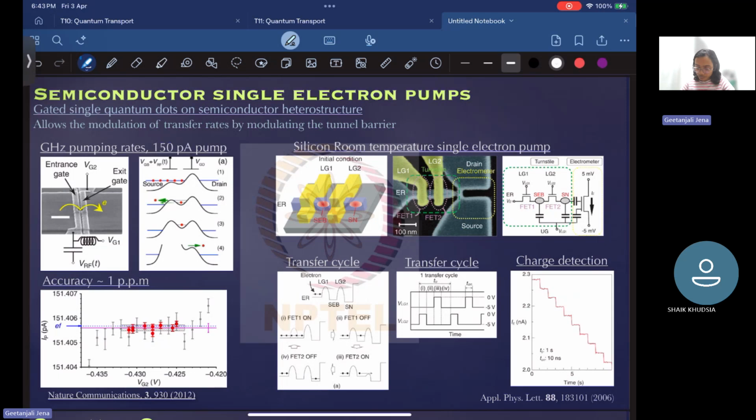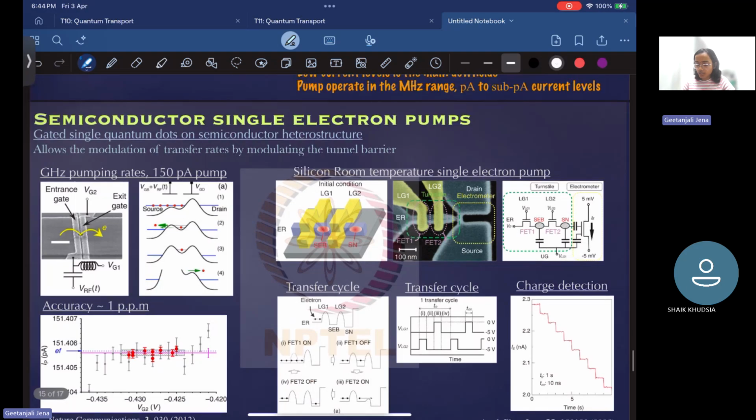Also, one of the issues with the metallic one is that they mostly operate in the megahertz range, so in the low frequency range. To operate in a high frequency range, we need the semiconductor single electron pump. Okay.